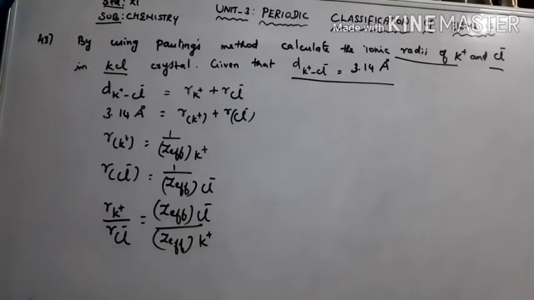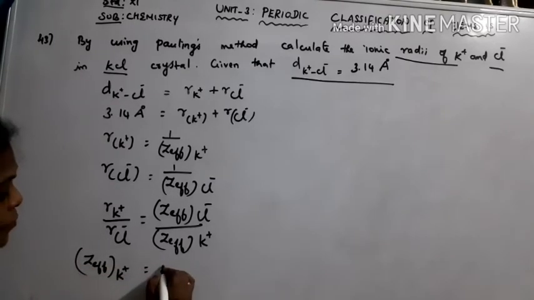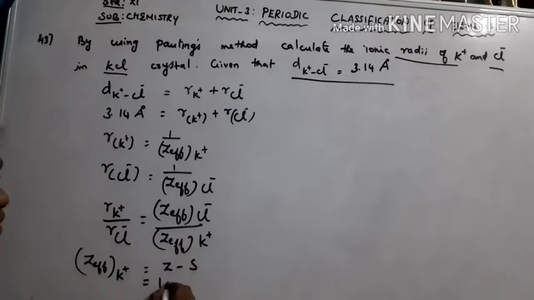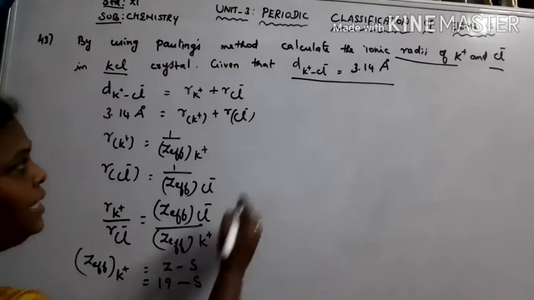So how do we calculate the effective nuclear charge? First, let us calculate the effective nuclear charge of K plus. It is equal to Z minus S. The atomic number for potassium is 19 minus S. Therefore, now we have to calculate the screening constant.